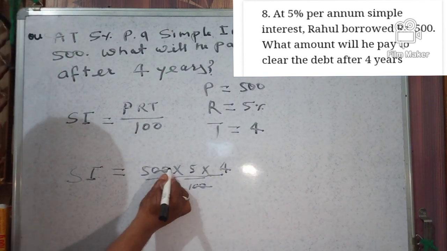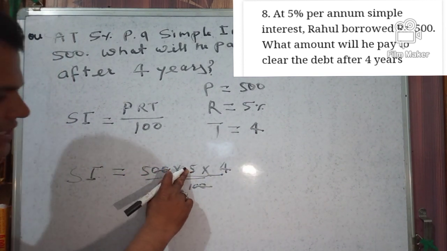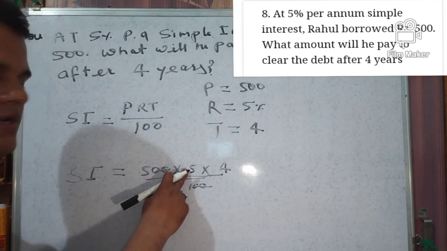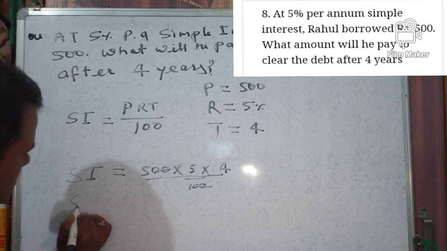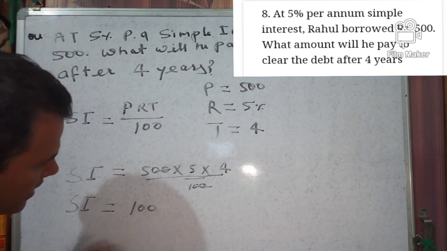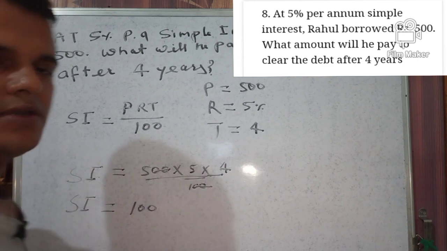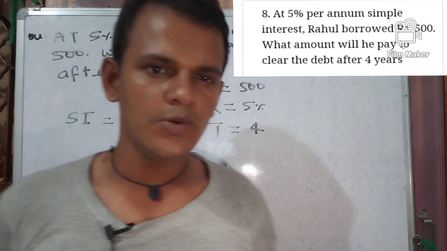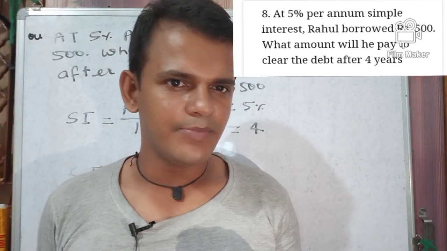So 0 0 cancel, 5 fours are 20, 5 fives are 25, 25 fours are 100. So simple interest is equal to 100. We need to find his total amount. Total amount is equal to principal plus simple interest.